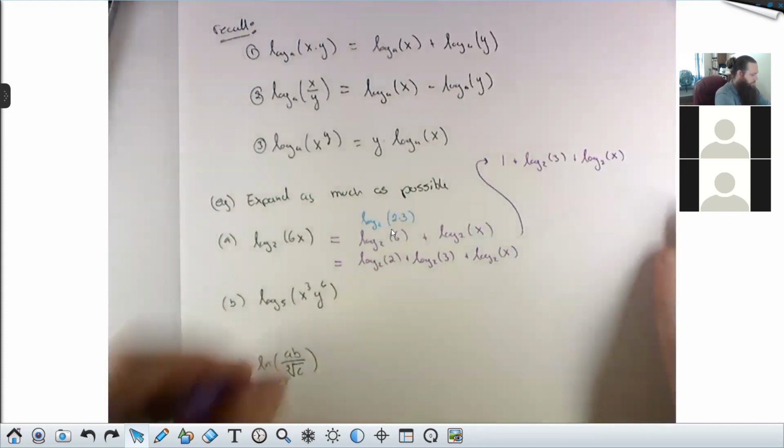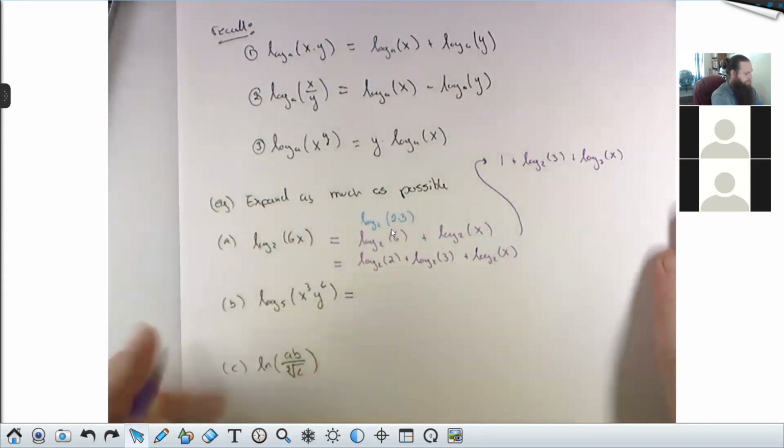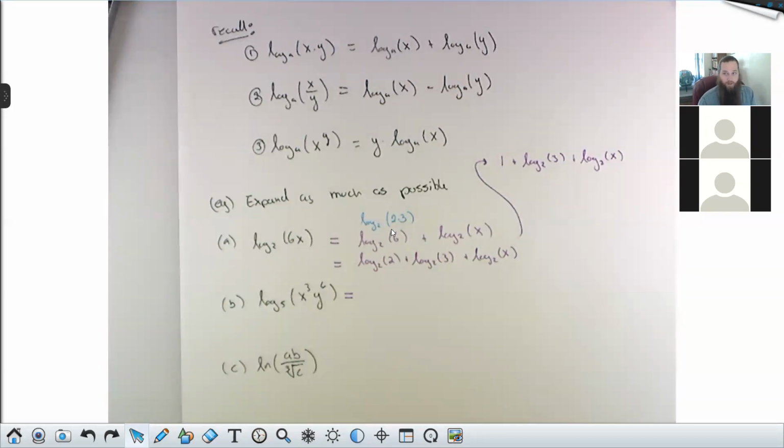All right, let's look at B. Again, inside we have a product. I do also have powers, but only the x is being raised to the 3, and only the y is being raised to the 6. So I can't jump in with this rule.